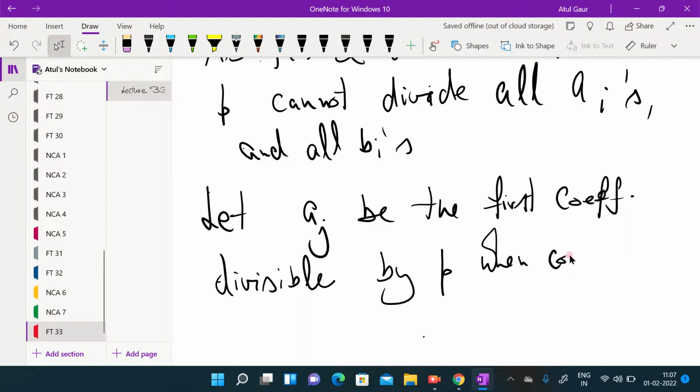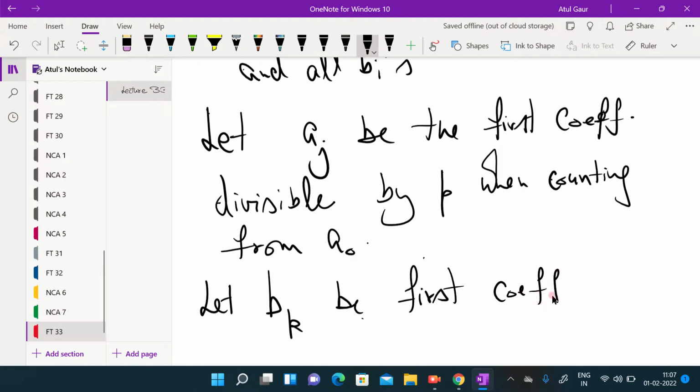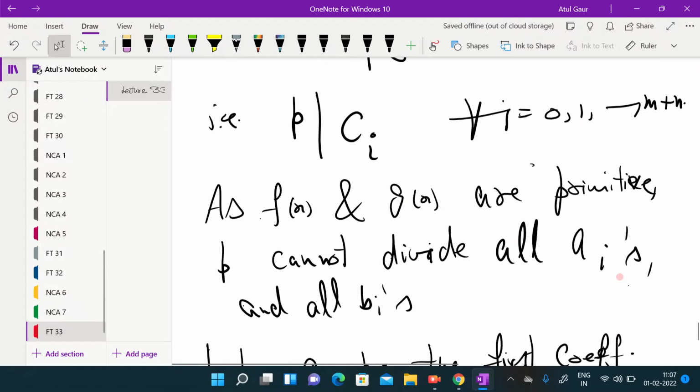And similarly, let's say Bk be the first coefficient not divisible होगा ना? Is that fine?